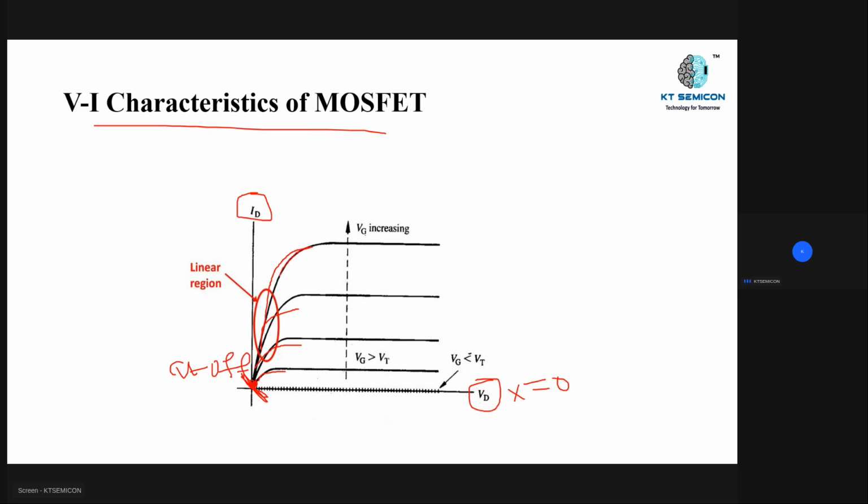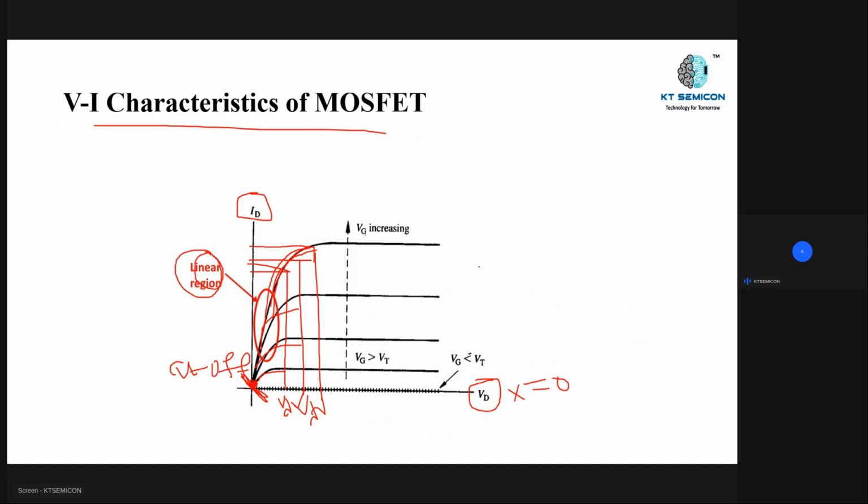See, check here: whenever we are increasing the VD voltage, my ID also increases linearly, so this region is known as the linear region. It increases linearly with the VD, that's why it is known as the linear region.